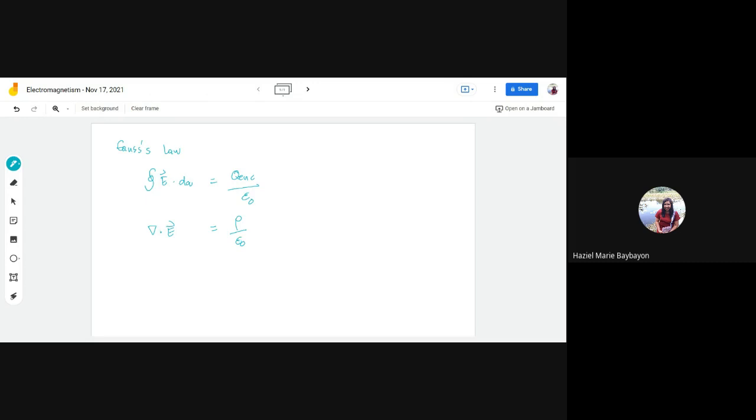Now, let us derive this form of Gauss law directly from this familiar equation.